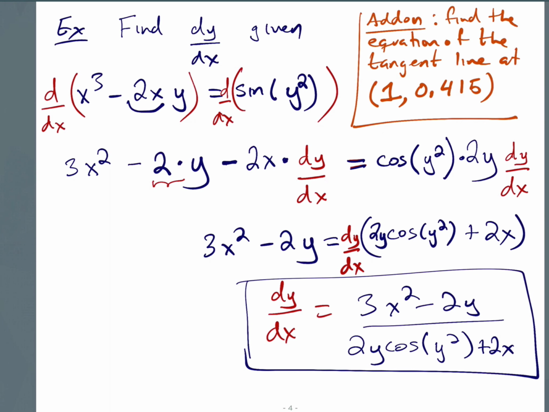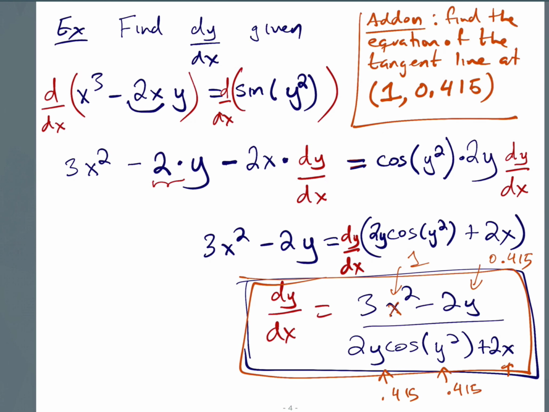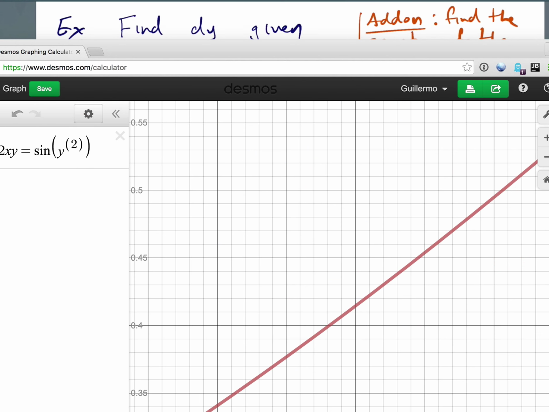Okay, so what does this tell us right here? So this is the derivative, right? That'll give us the slope of the tangent line, right? Okay, so notice it has x's and y's, right? So we need to plug in both x equals 1 and y equals 0.415 into there, right? Now, I don't have a calculator, but I guess I can go back to my trusty Desmos here.